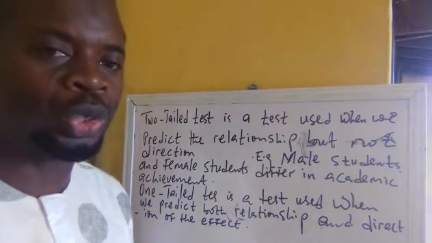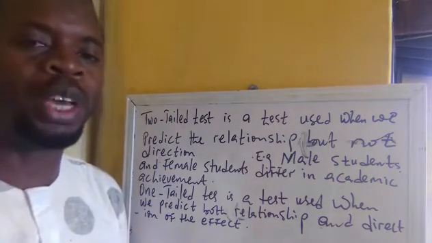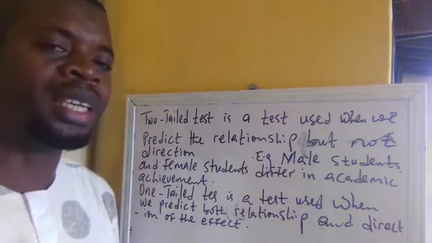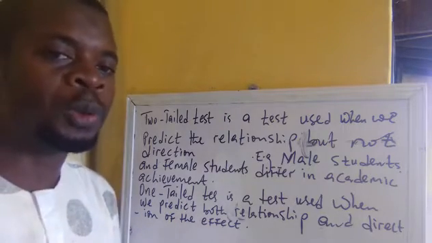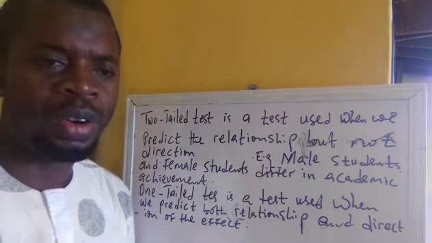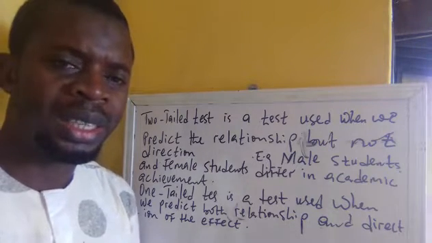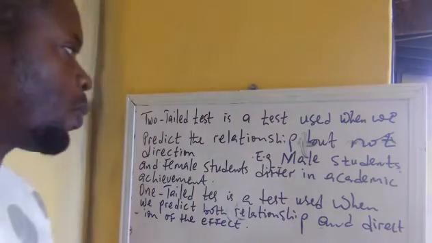I'm going to start with the two-tailed test. I've told you that when you make your hypothesis, you need to understand whether it is relational, associational, difference, or descriptive. And now, when you make your hypothesis, there is need for you to know where it belongs. Look at this now.